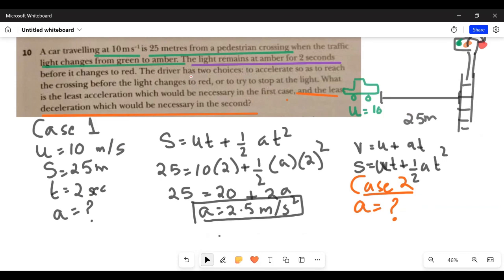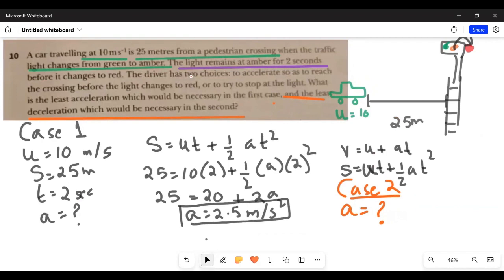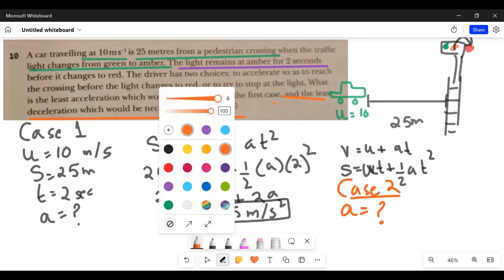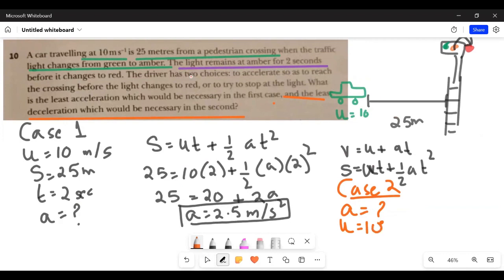He wants to hit the brake and stop. So U is still 10 because that's his initial speed. But let's say he stops somewhere over here. If he has to stop, we know that V is going to be 0. So we also know V for the second case.